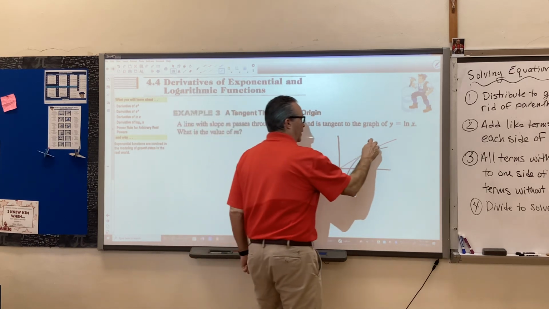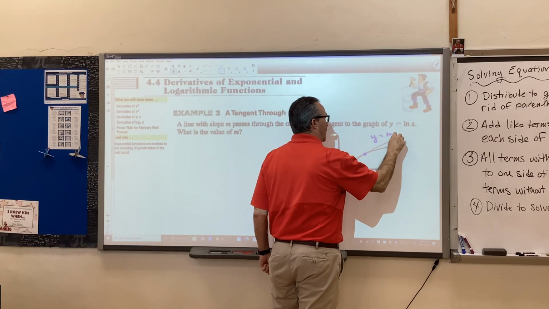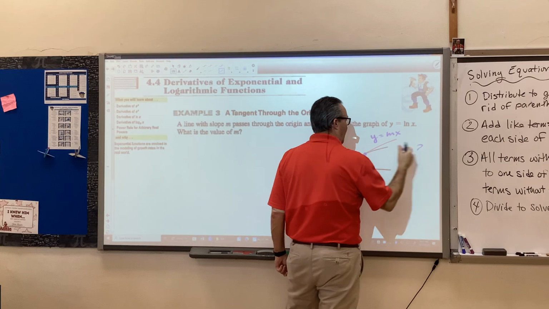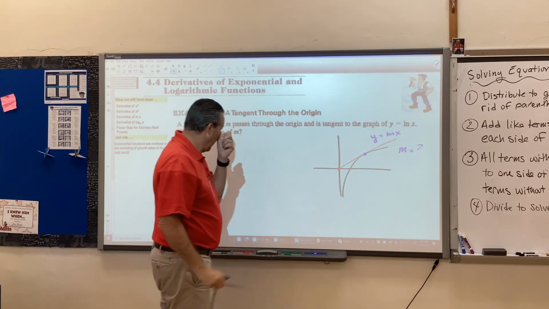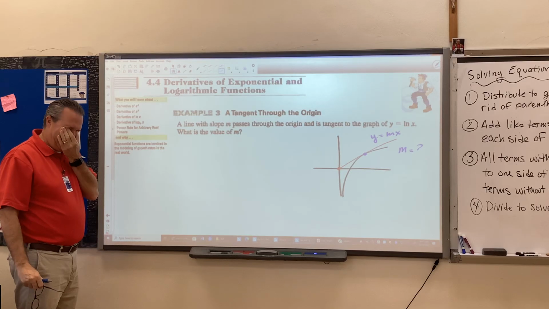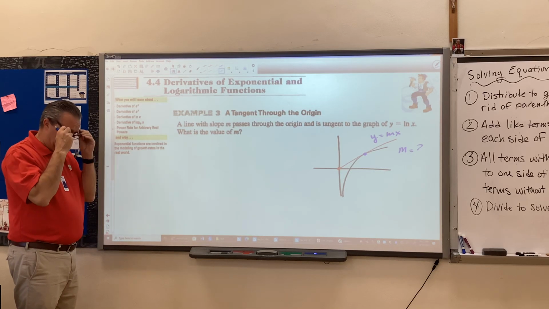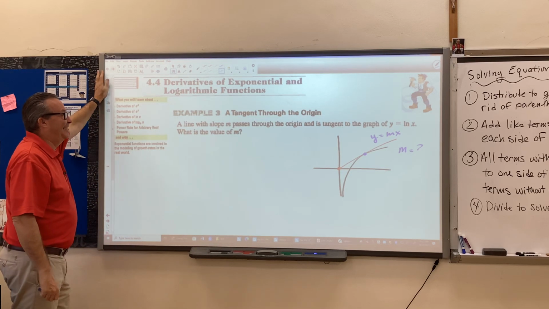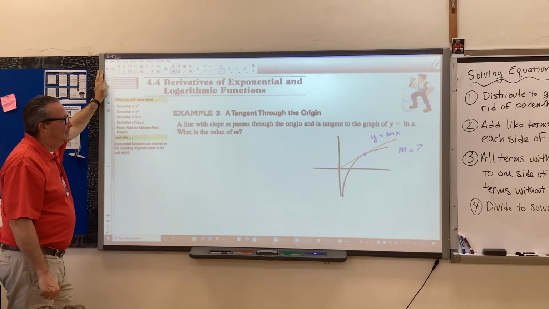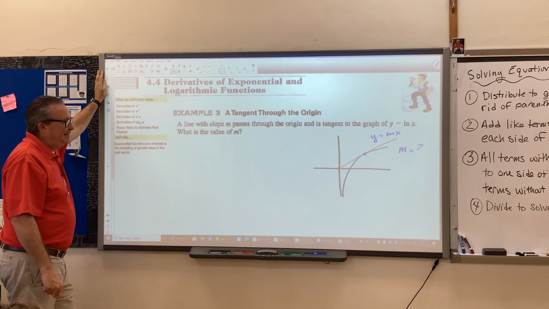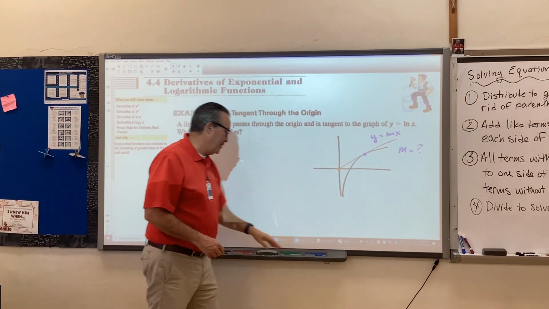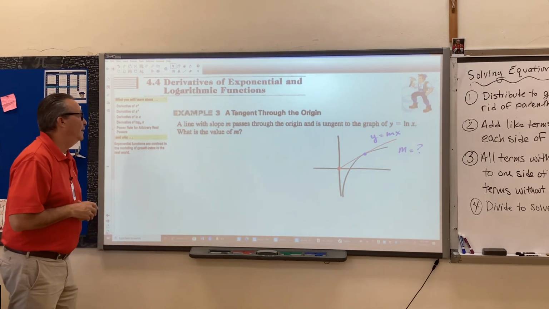The equation for this line is y equals mx. There's a way to do it, and I never can remember how. It does show up on the AP exam. I've never taken the AP exam, but it does show up in the practice ones.